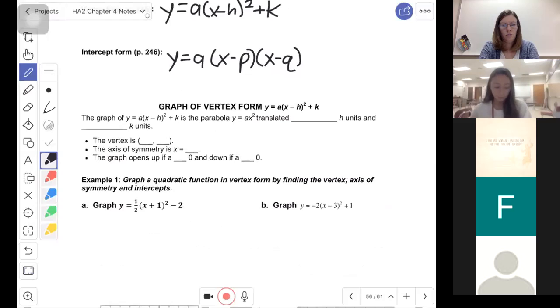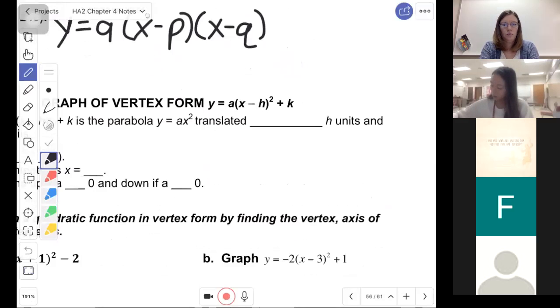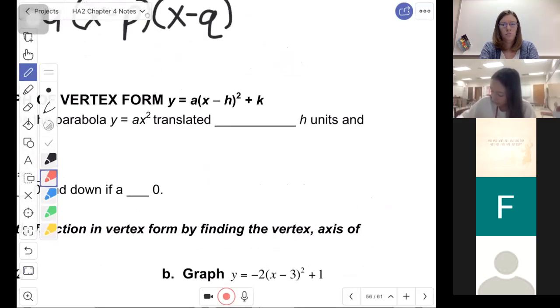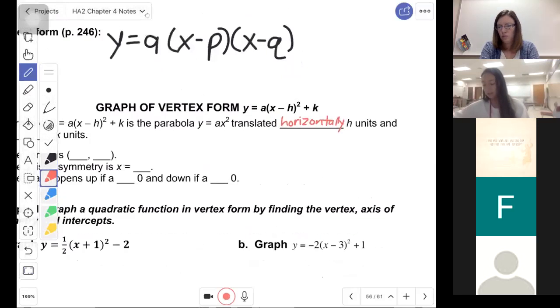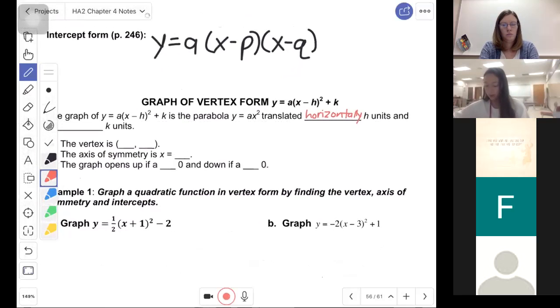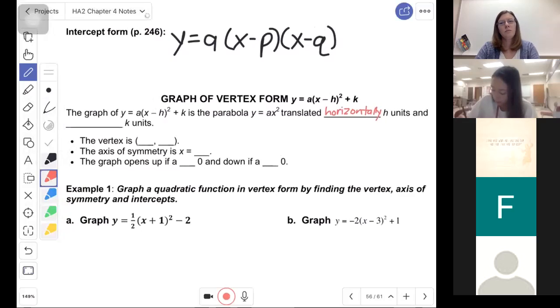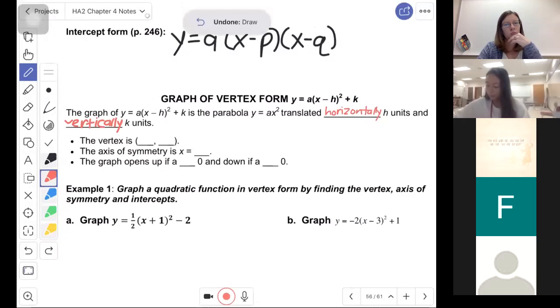The graph of y equals a vertex form is the parabola y equals ax squared, translated horizontally h units. So that means it's going to go right or left h units, and vertically k units. We know this already. That k makes it go up or down, and that h makes it go right or left.